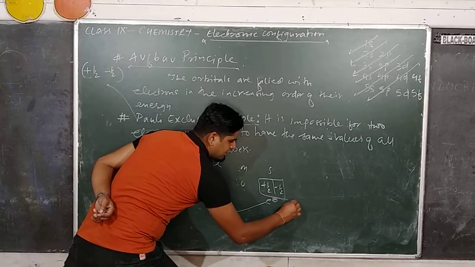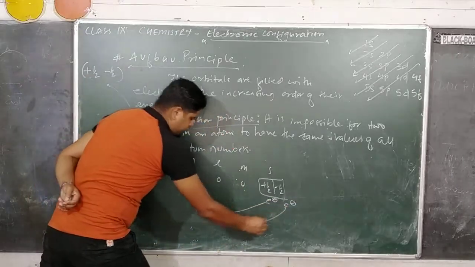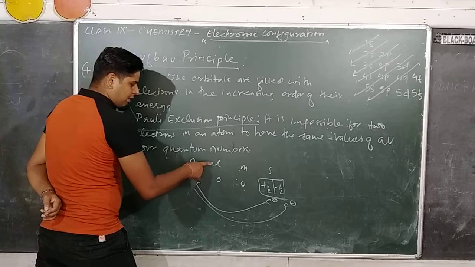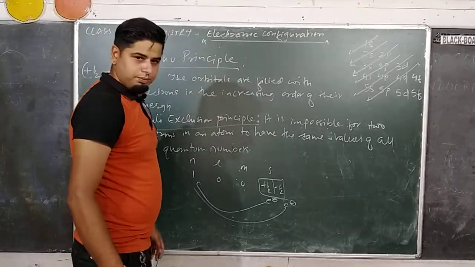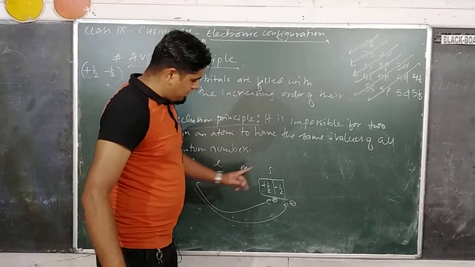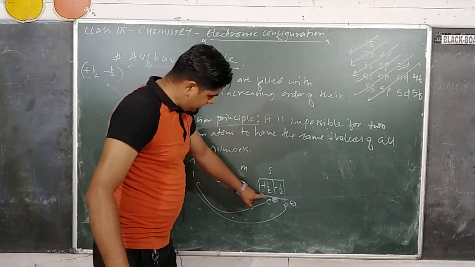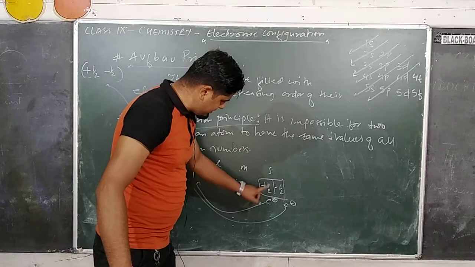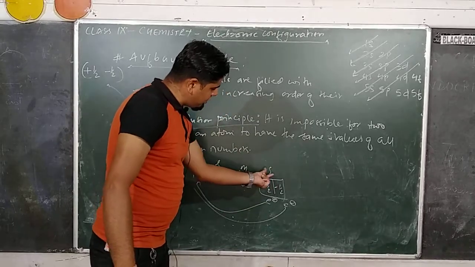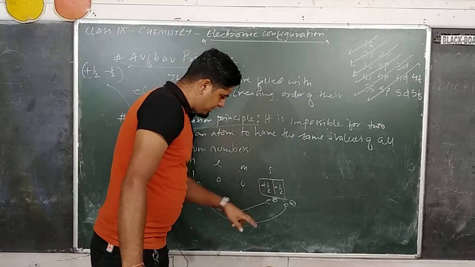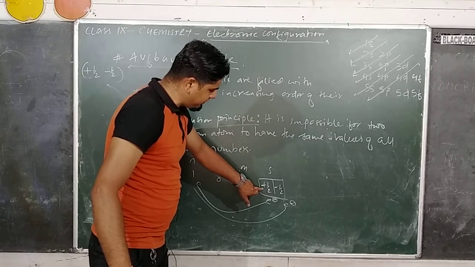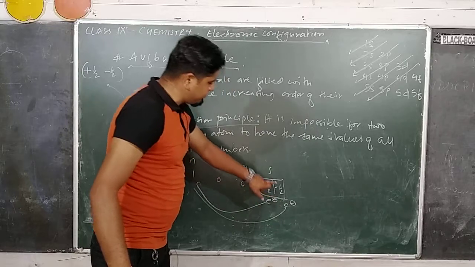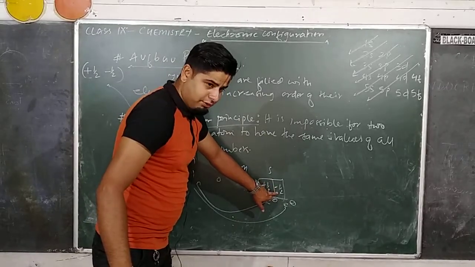This is another electron. For this electron, the n value is 1, the l value is 0, the m value is 0. So all three are the same. Yes or no? But what is the difference here? The difference is in the value of the spin quantum number. For this electron, the spin quantum number is plus half. For this electron, it is minus half.